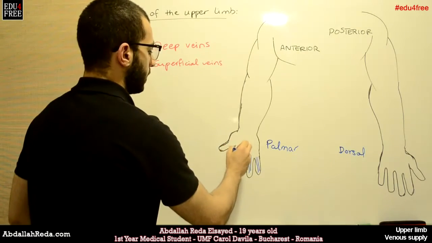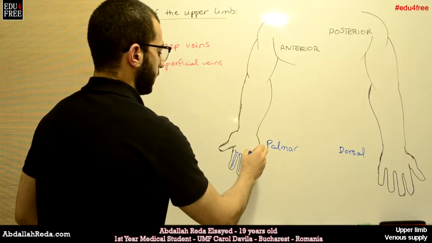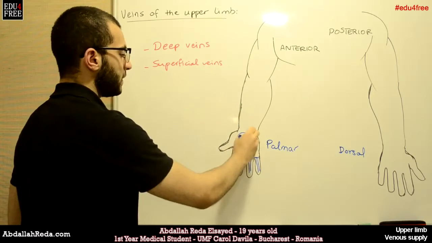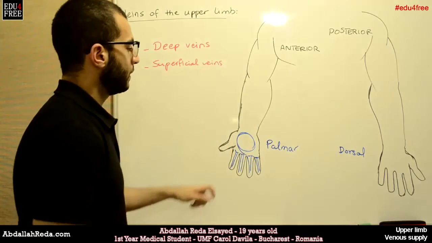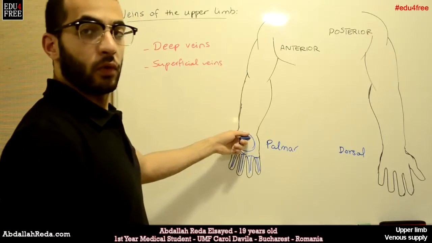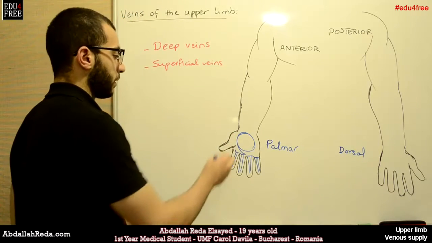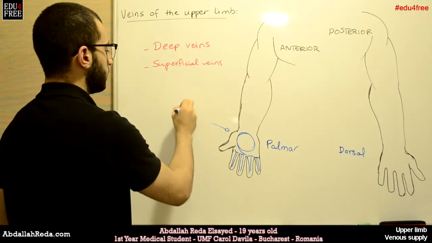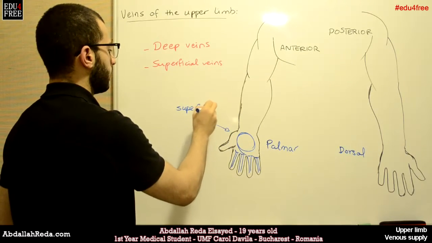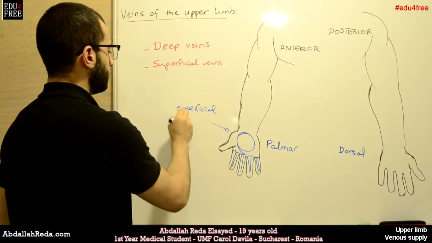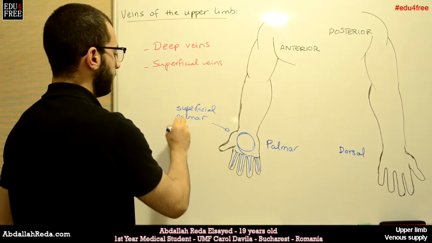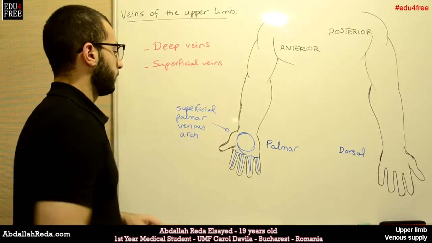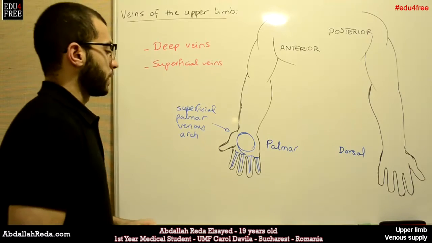They will anastomose with each other and they will form arches, and then here at that region they will form a bigger arch, and this one is called the superficial palmar venous arch. The superficial palmar venous arch.